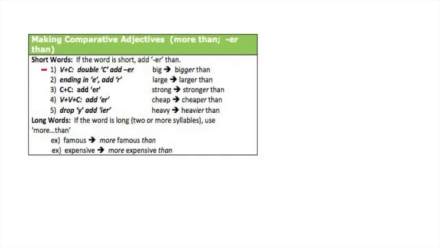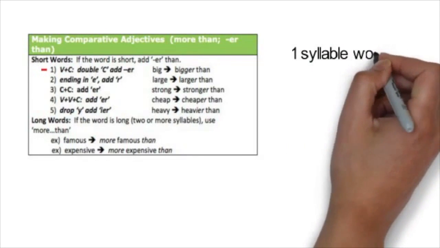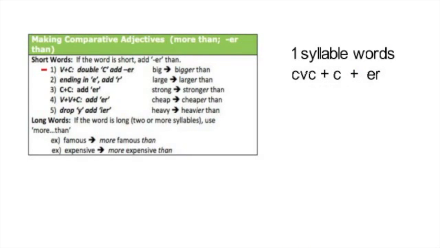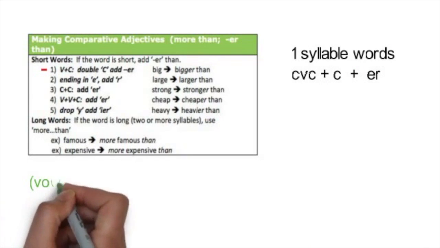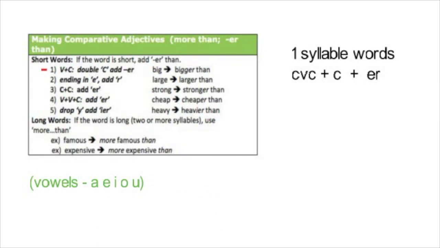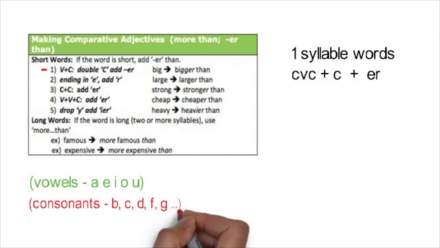Rule 1. For one-syllable words that end in a vowel and a consonant, we double the consonant and add er. Remember, vowels are A, E, I, O, U, and consonants are all the other letters.